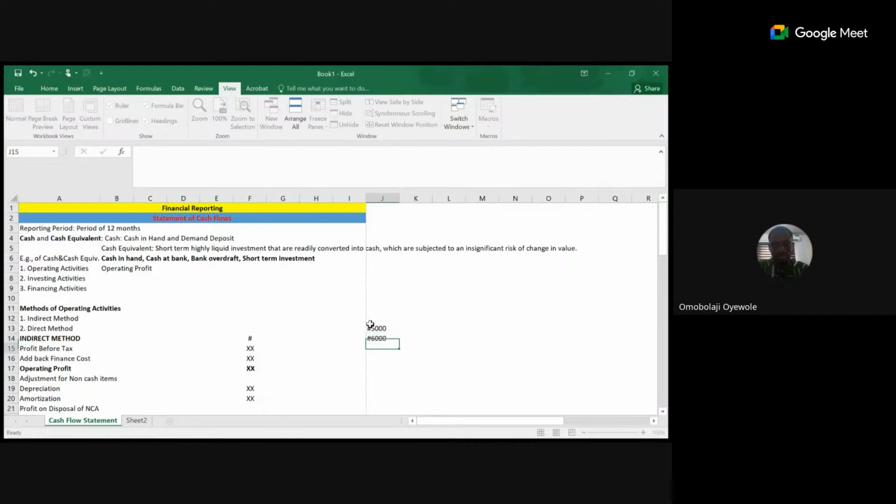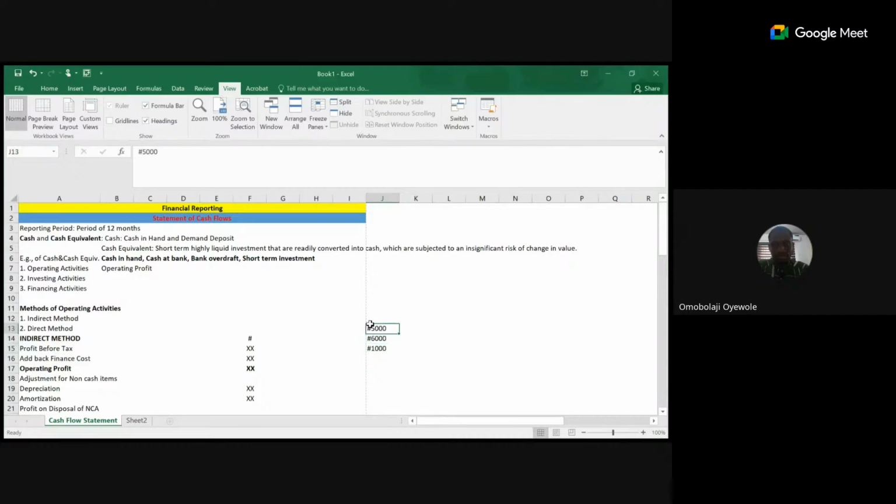So we are going to have a gain of 1,000. This gain on disposal of 1,000 does not involve a movement of cash.